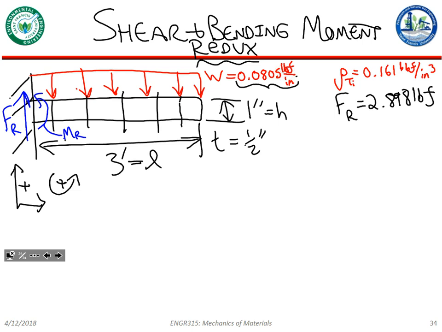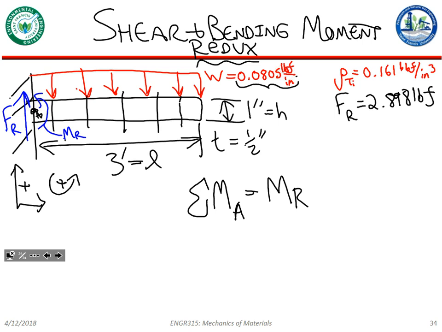Sweet. Now if we do the same thing for the reaction moment, this is summing moments at the wall. Call it point A. Now we get MR, the reaction moment. Then we have this big distributed load. How do I get a moment out of that? You do the x-axis is half the length.